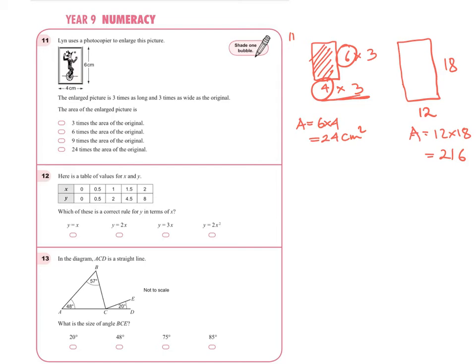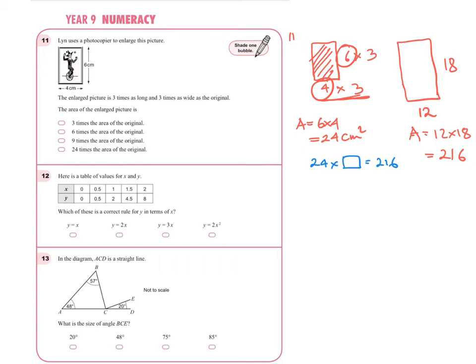So we can have a look. 24 times a number is equal to 216, to see how many times the area has been enlarged.